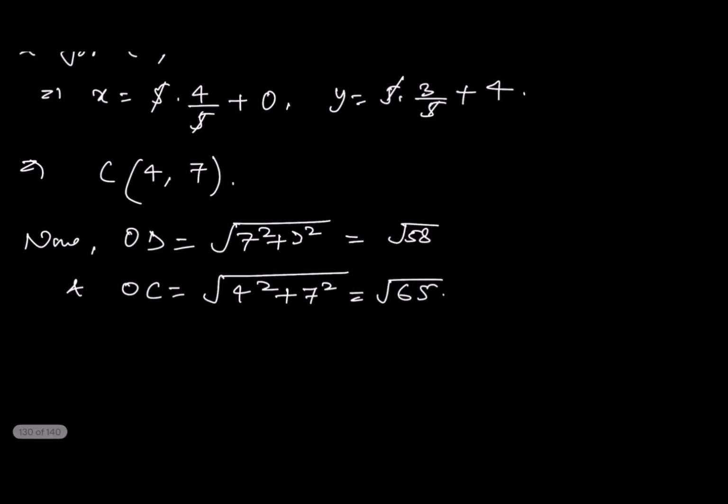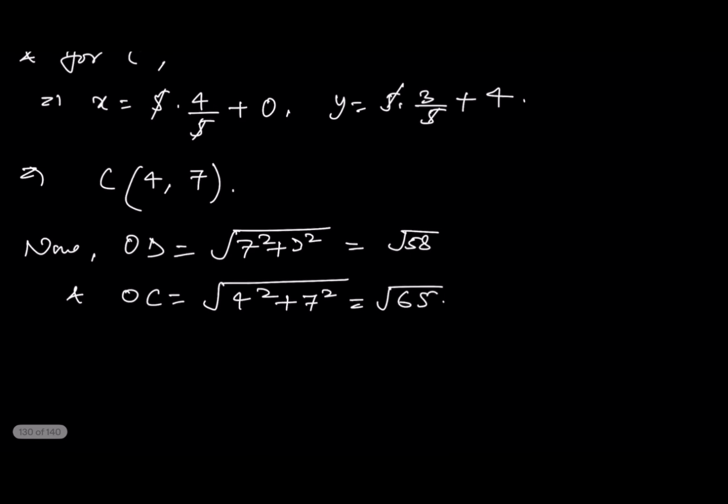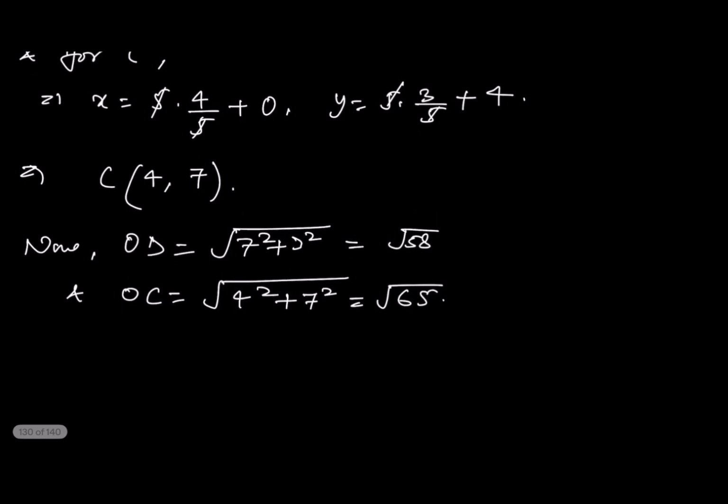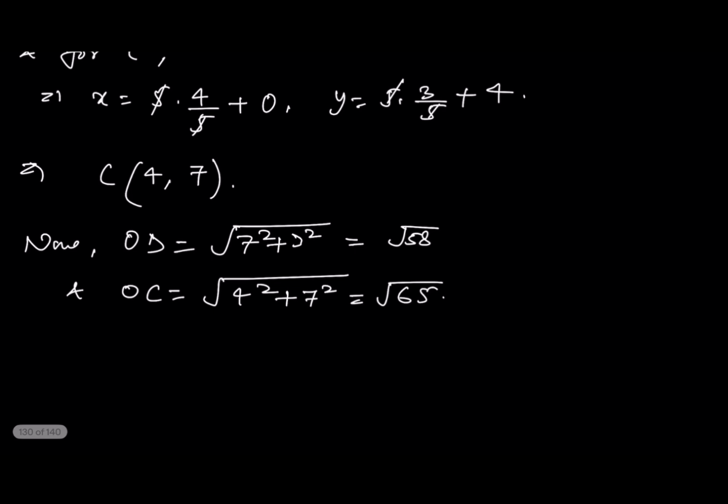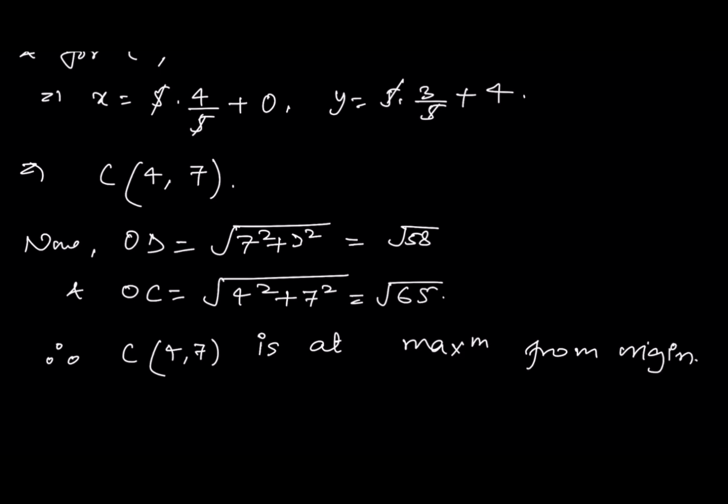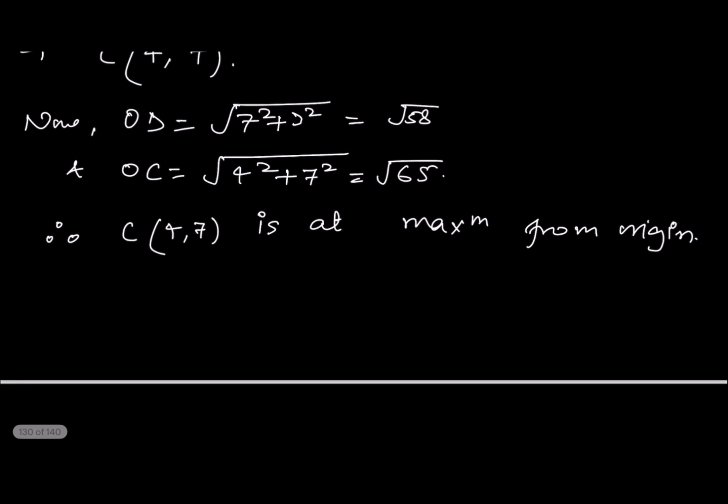From these two I will choose C because it is at greater distance as compared to D. So C, which is 4, 7, is at maximum distance from origin. So now the question has been solved. Let us come to the next question.